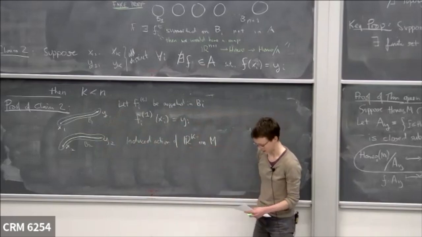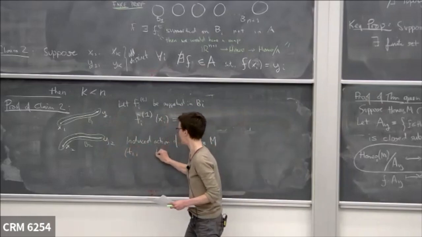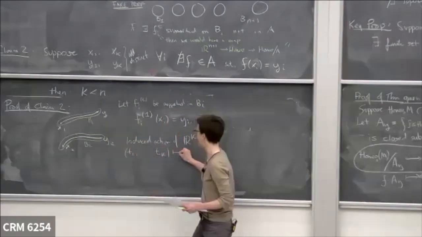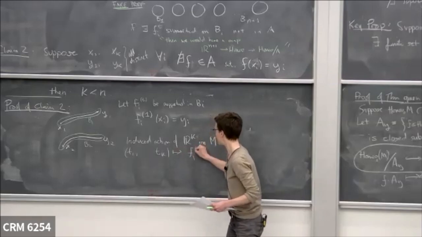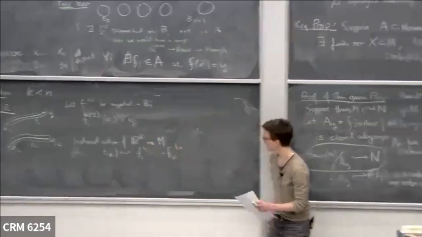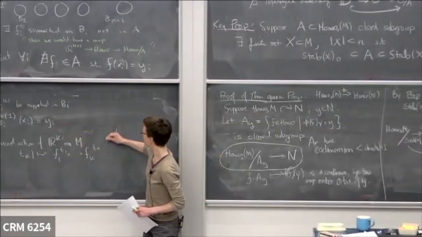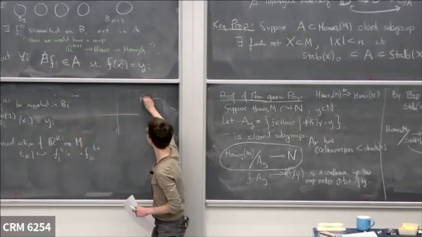Okay. And what is this, right? I take (t1, ..., tk) to the composition of F1 to the t1 composed with up to Fk to the tk. And what's special about this action, let me draw a picture of R^k here.